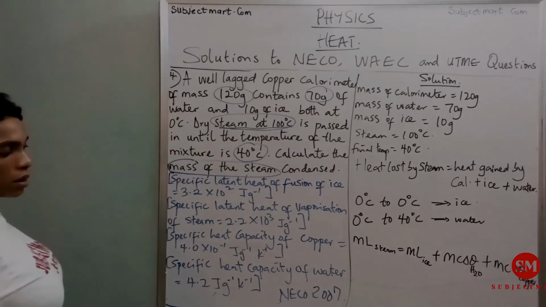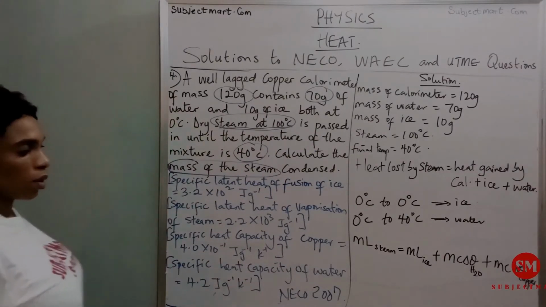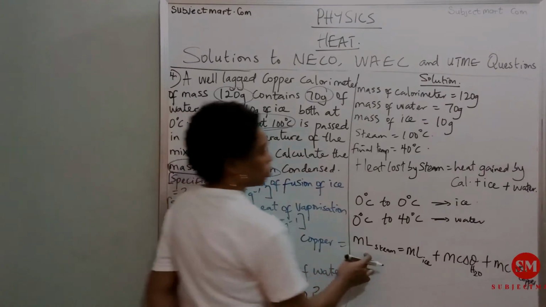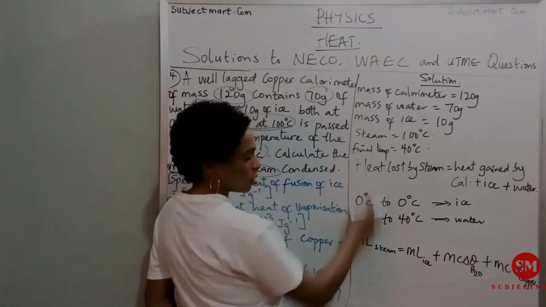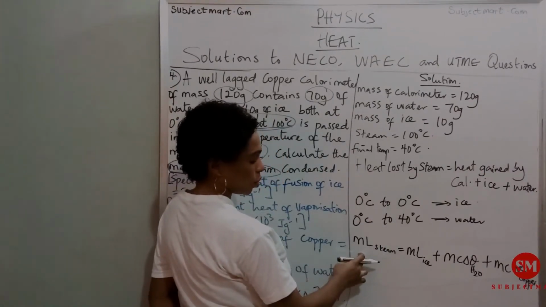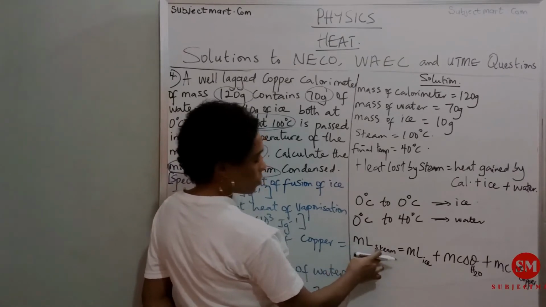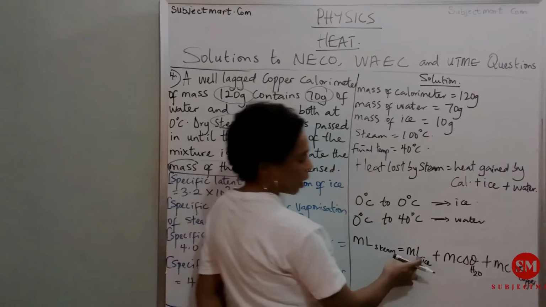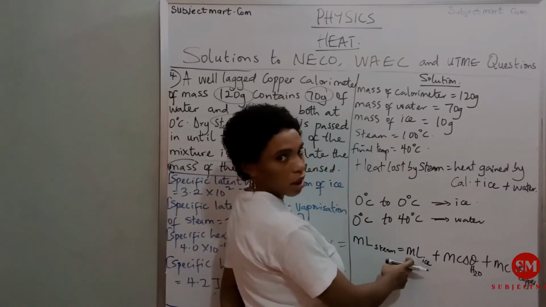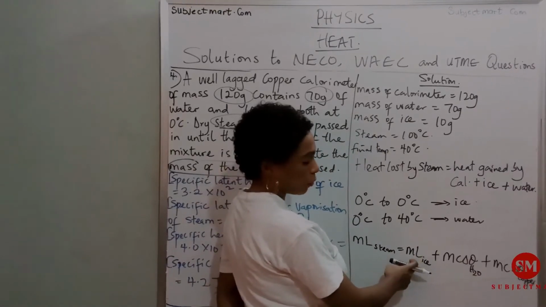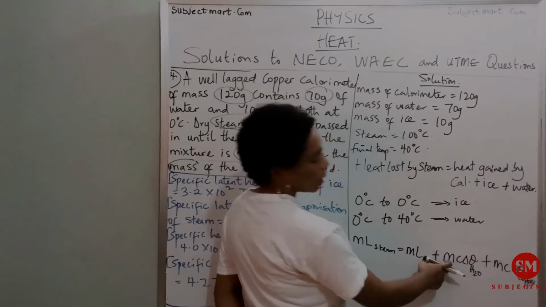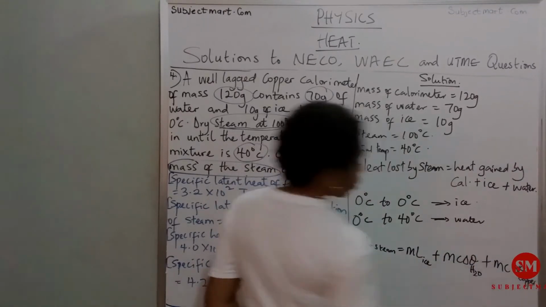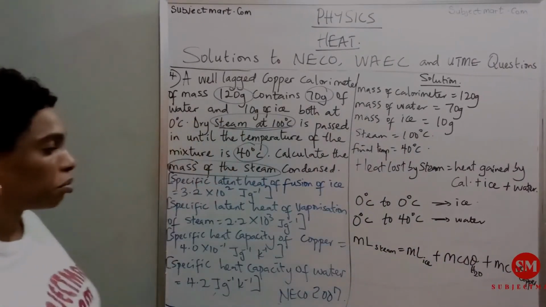I want to believe that is clear. According to this statement here, this is what we have. So mL of steam, the heat lost by the steam, is equal to heat gained by ice, that's during the latent heat of fusion, then heat gained by the water and heat gained also by the copper calorimeter.